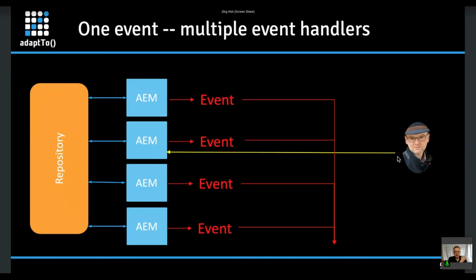You need to be aware that you just do one change and a lot of event handlers can start, and you don't even know how many, because the number of AEM instances in the cluster in AEM as a Cloud Service starts with 2 and basically has no upper limit from a conceptual point of view.